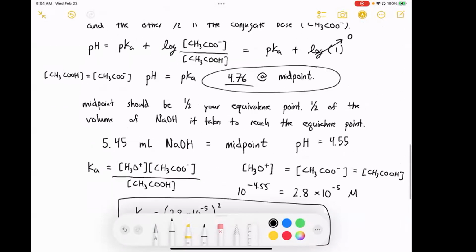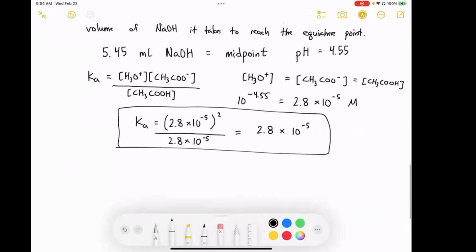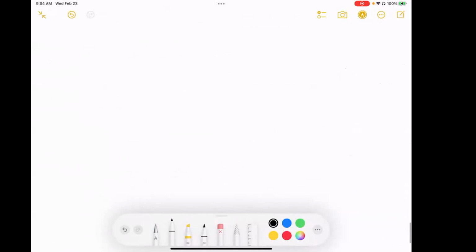So getting pretty close. All right, so now for the last step, we're going to determine the Ka at the equivalence point. Okay, so let's do that right now.